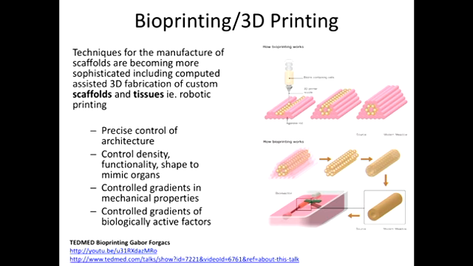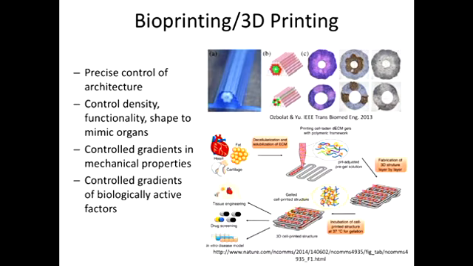Andrea talked a bit about bioprinting. She talked about how you can print three-dimensional structures and control gradients of cells and gradients of soluble molecules, for example. What you can actually do is precisely control the architecture of a structure. So this is a hydrogel, and you can see here that we've had cells deposited.